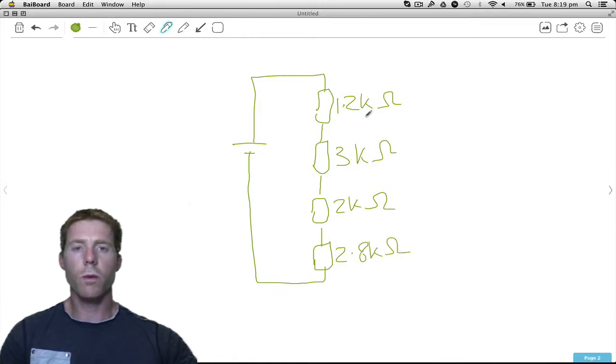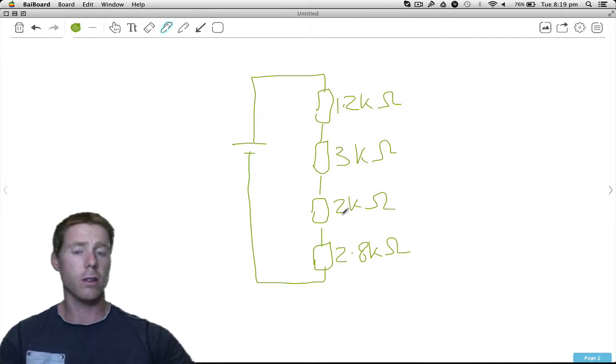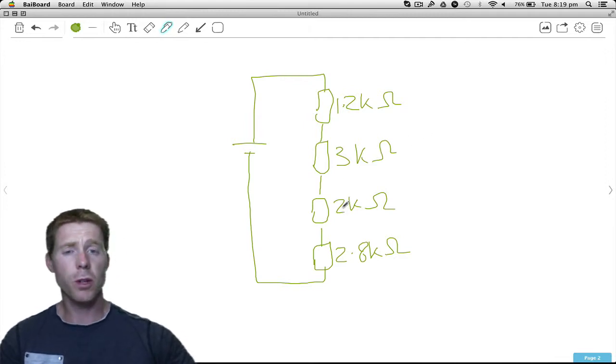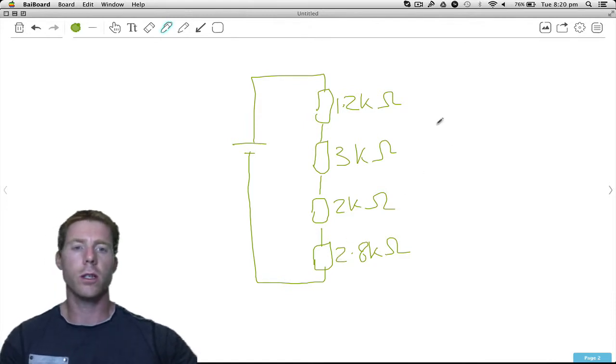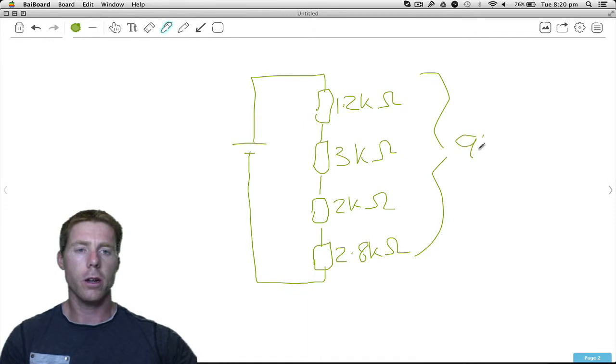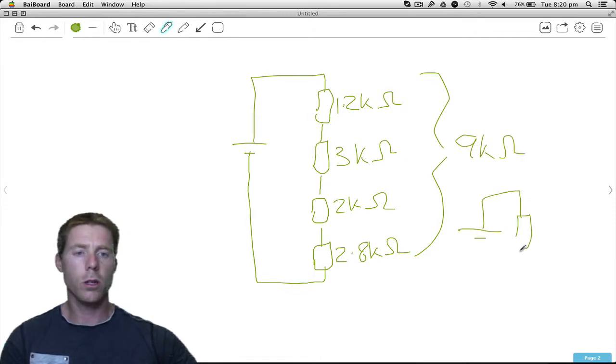Well, in this case we've got 1.2 plus 3K, that's going to give us 4.2, plus another 2 gives us 6.2, plus 2.8 would be 9, so this would give us a total of 9K ohms. So that means we can replace all of that with a single resistor that is 9K ohms.